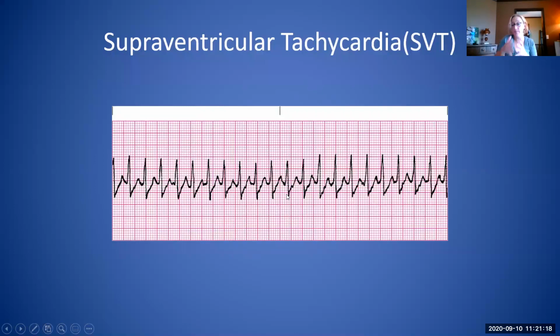Is it a P wave and a T wave mushed together? You just can't really tell. If you count here, this is a rate of like 220. So it's super fast. It's so fast that you can't tell what it is because the complexes are so smushed together. So you need to slow it down to figure out what it is.